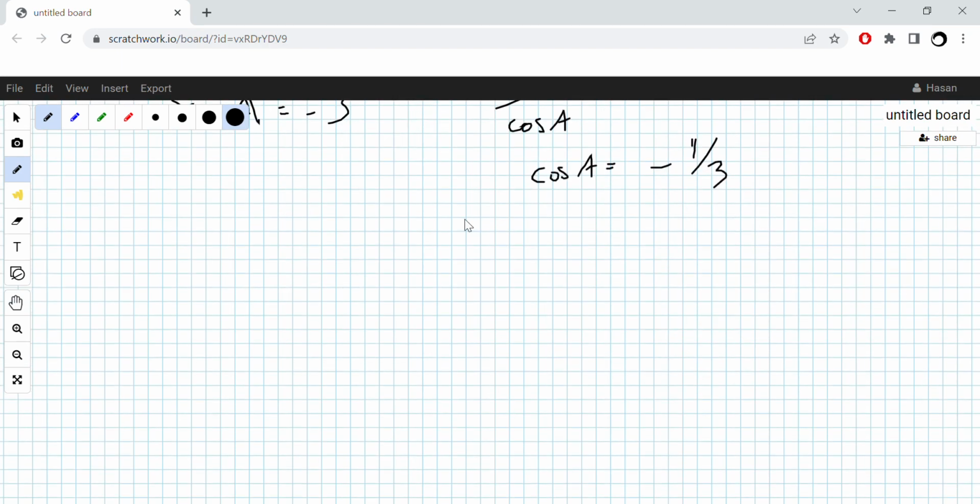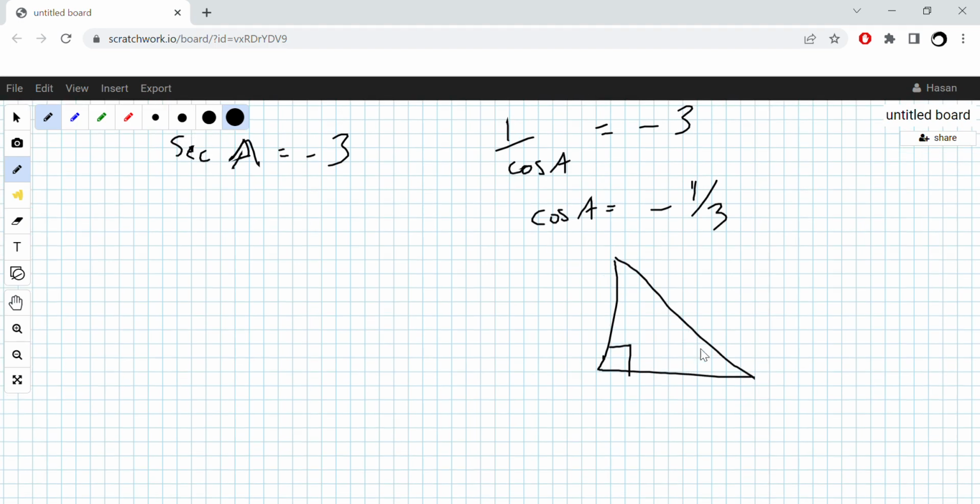Once you have that, you can draw out a triangle, where this is a right angle triangle and this is A. That means cos A, that is CAH, minus 1 over 3 is adjacent over hypotenuse.